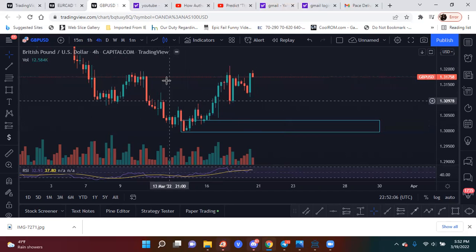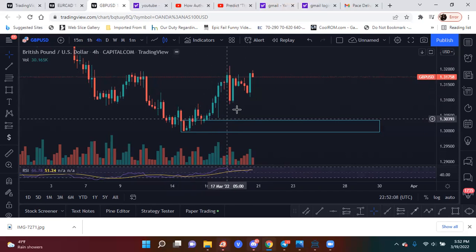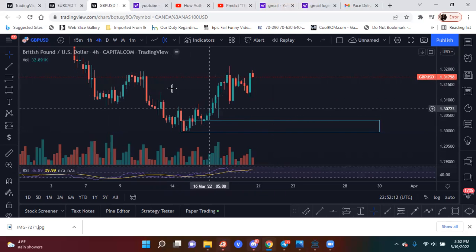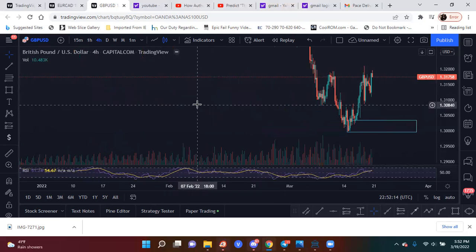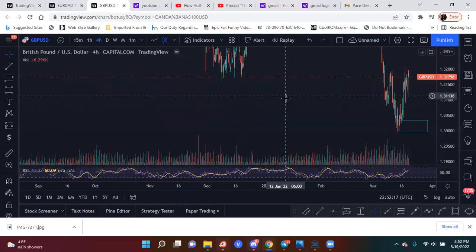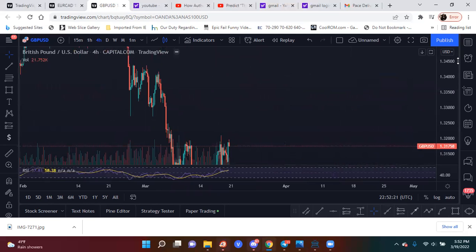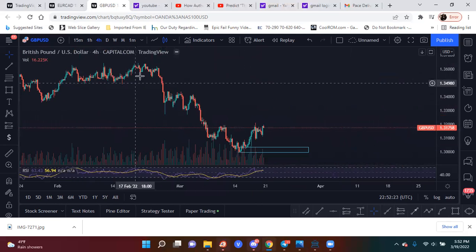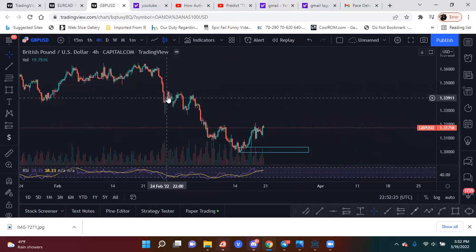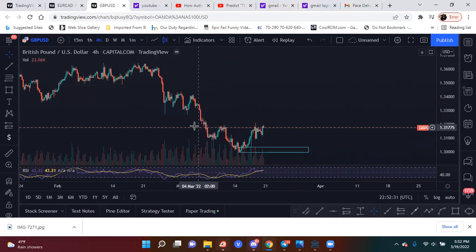Okay, so let's pretend like all of this move right here never happened. We're down here. You know this is the zone that it created. Obviously the market does the push, and then this is the accumulation. When it does the accumulation, then it pushes again.